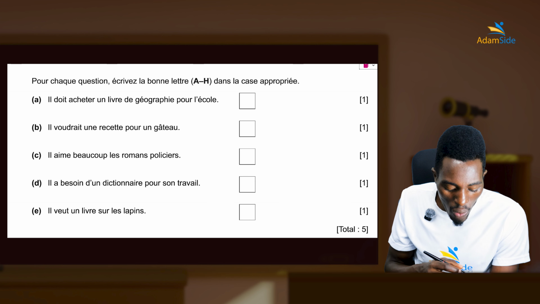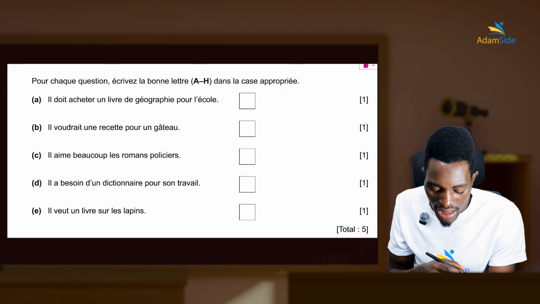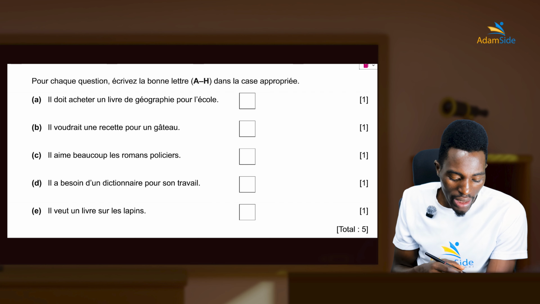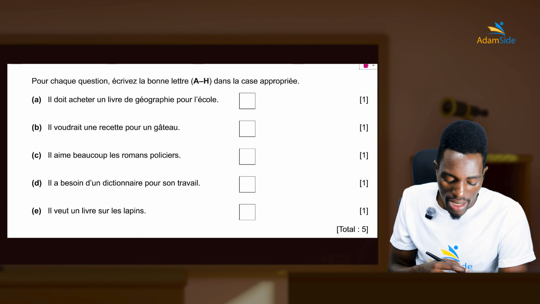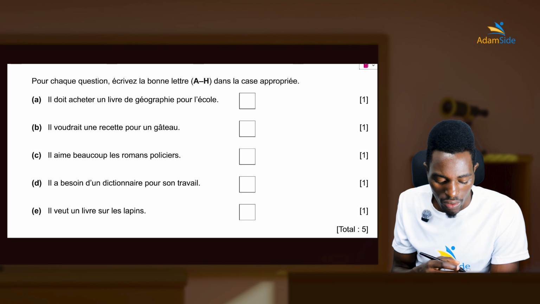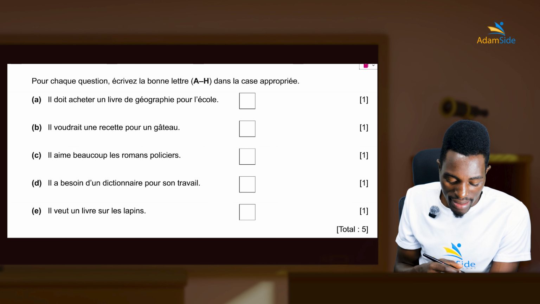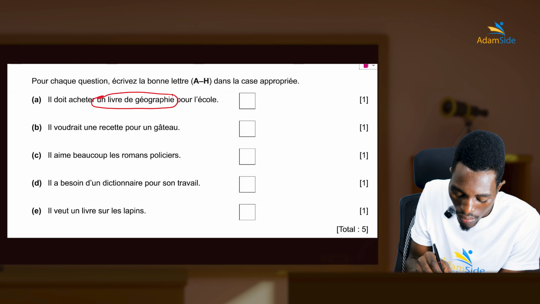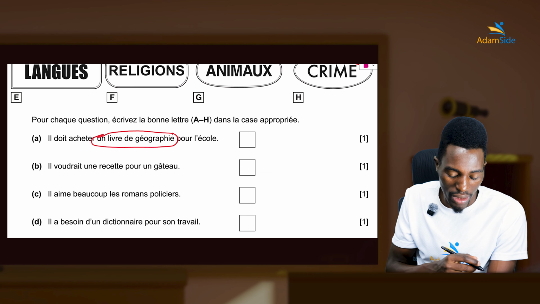2A. Il doit acheter un livre de géographie pour l'école. He has to buy a geography book for school. So the vocabulary here is a geography book. So we go back then to the question.